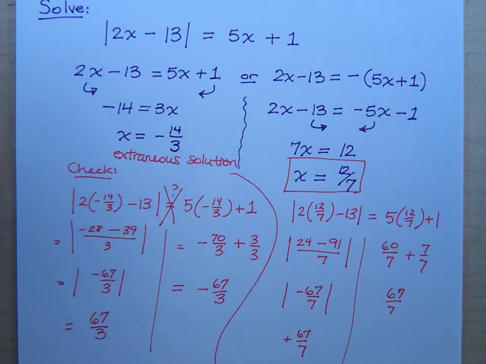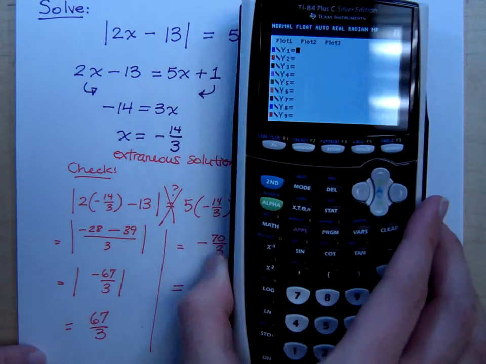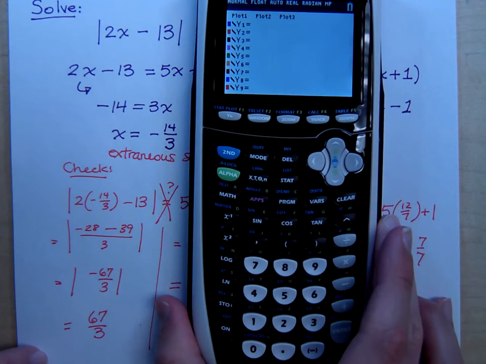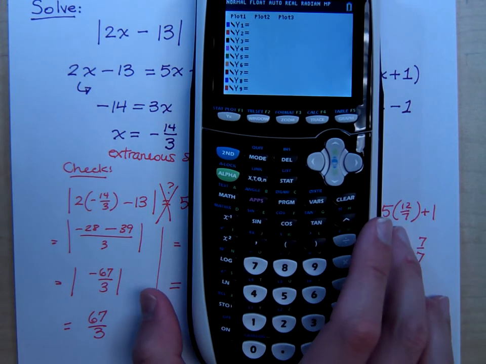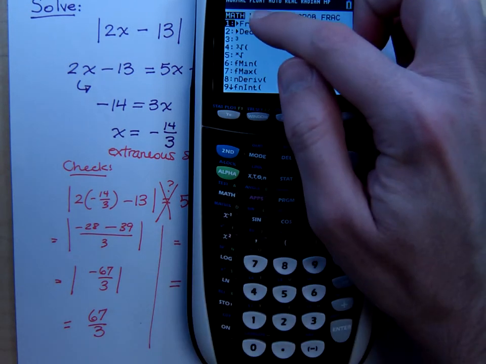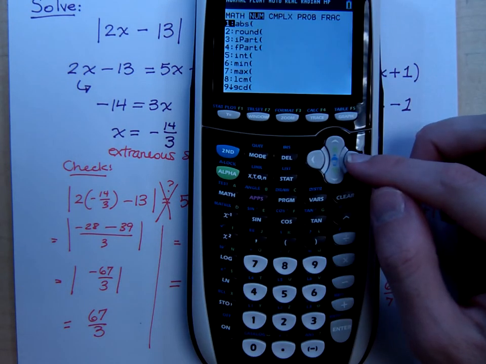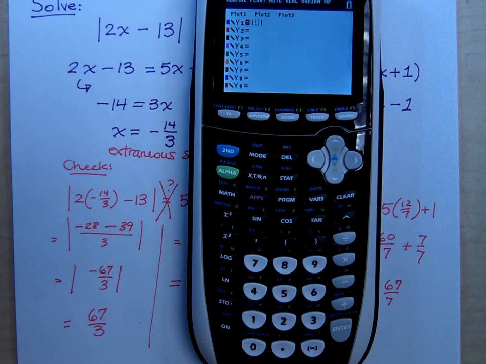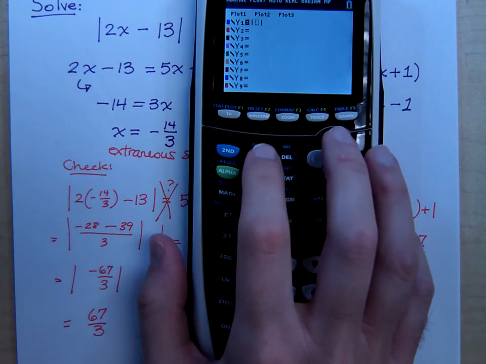So if we go to our y equals, on the left side we have the absolute value of 2x minus 13. To do the absolute value, you press math, and then you come over here to where it says number, and we want to do the absolute value. My format looks a little bit different than what you may see, so I'm going to change my mode here.